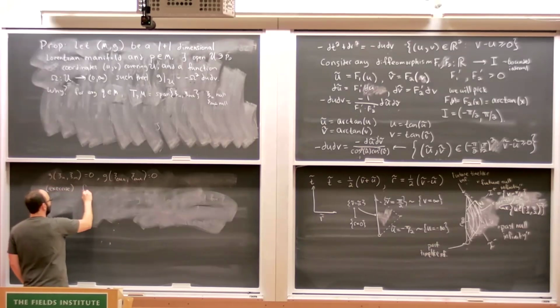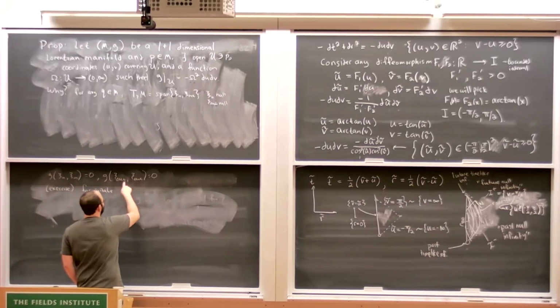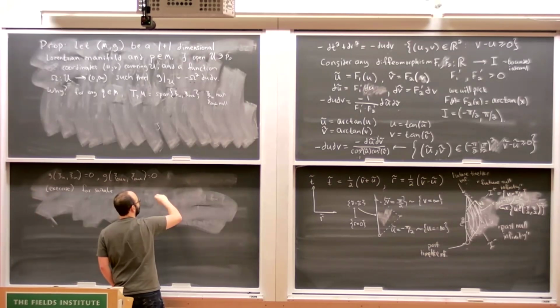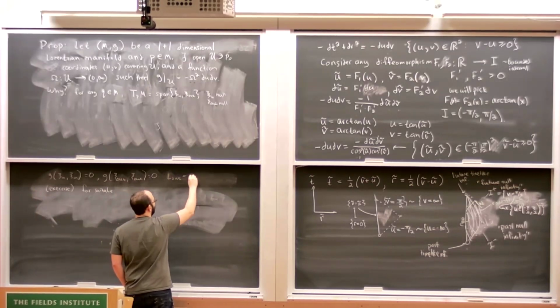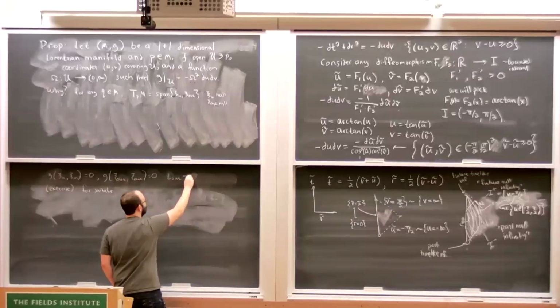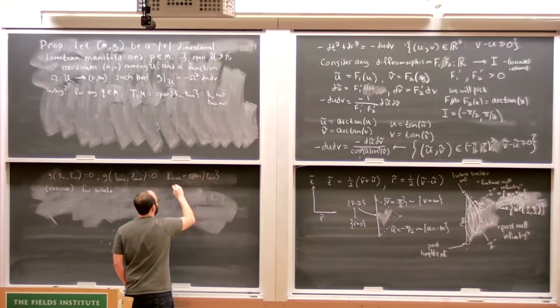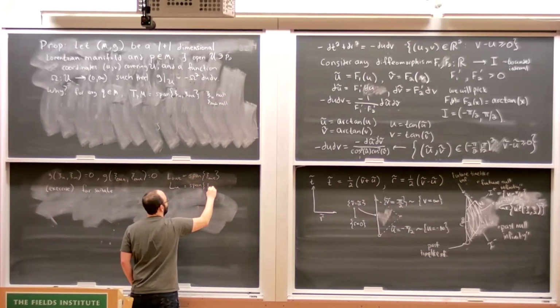So for suitable vectors, let's call them L_in and L_out, let's call the span of these L_in and L_out.